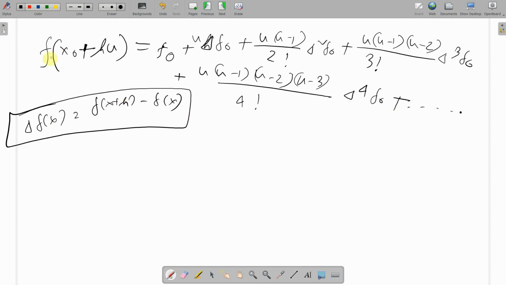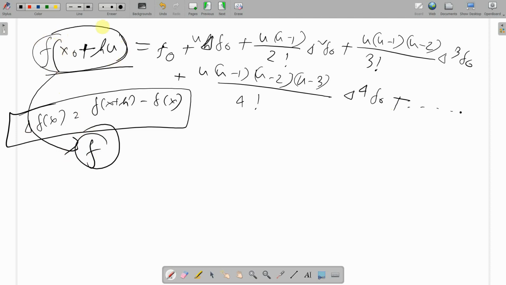So I am simply writing this f(x0 plus hu) as f, and now you have to take its first derivative. So what will be the value of df du?